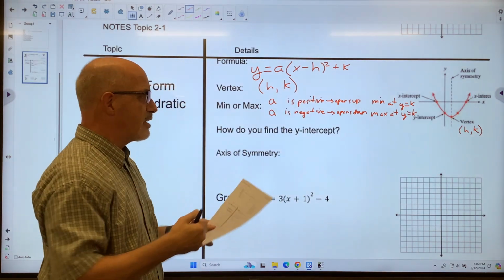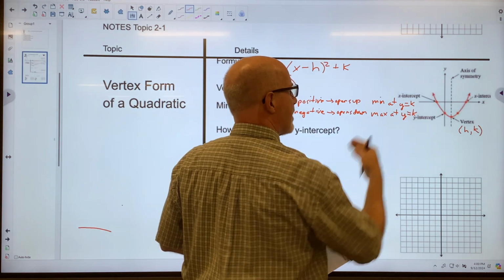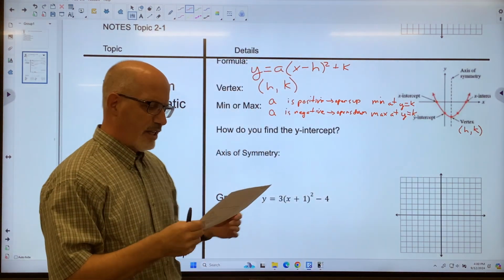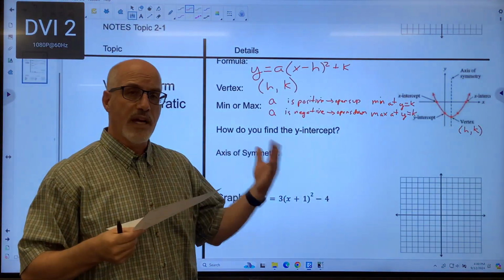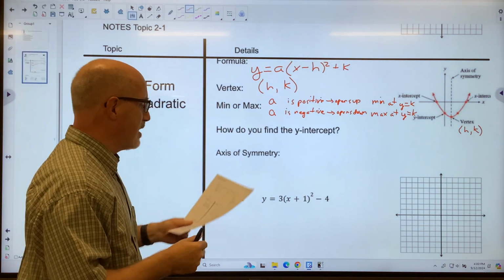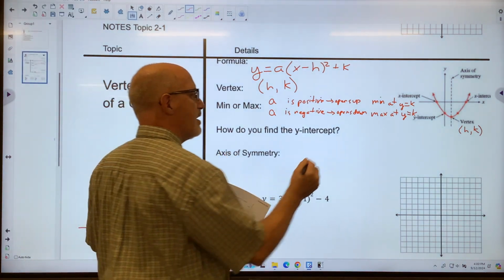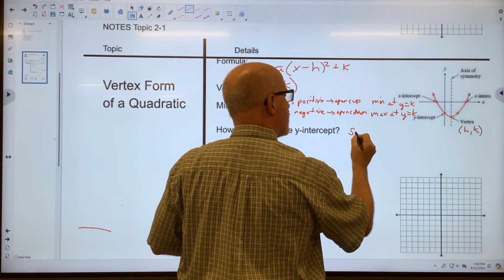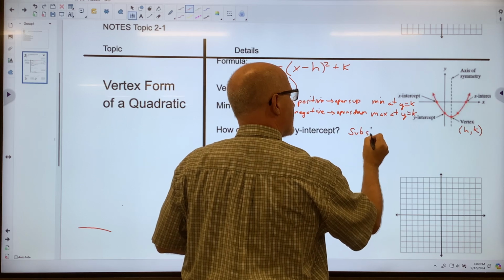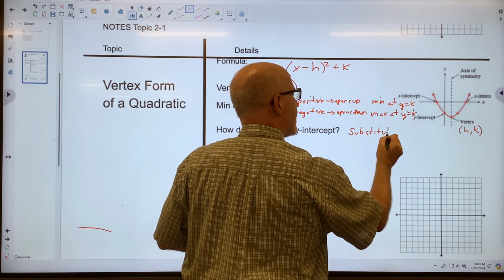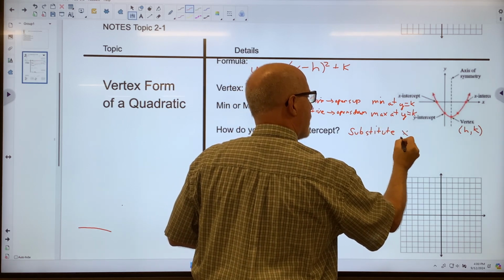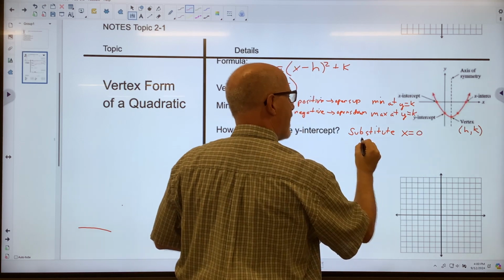All right, now the next part, we want to find the y-intercept on this graph. So that's going to be something that we'll use typically in doing our graphs. So to find the y-intercept, you want to substitute x equals 0 in and find y.